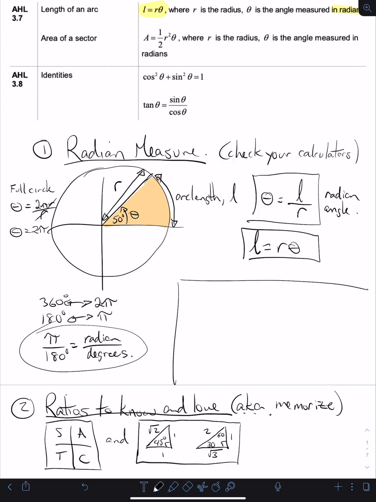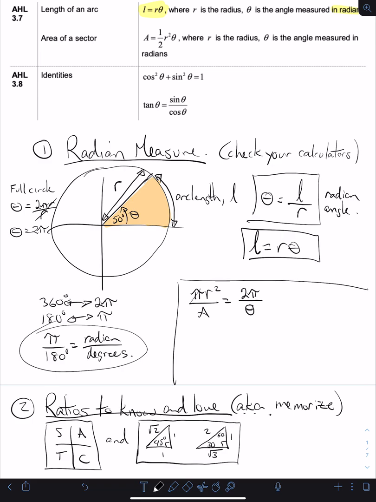So usually we do a full circle is pi r squared. That's the area of a full circle. And you want to know your area. That would be equal to the same ratio as your full angle for a full circle, which is in this case 2 pi, if we're talking radians, right? That's a full circle, divided by your angle.